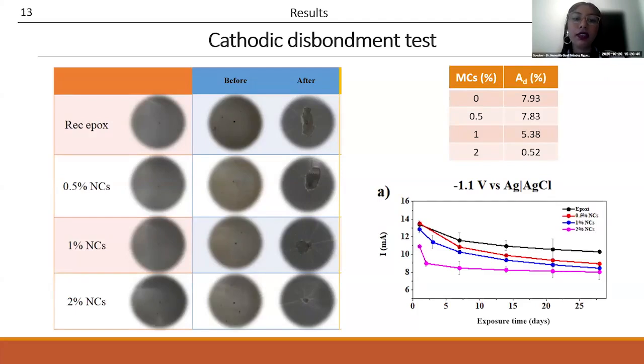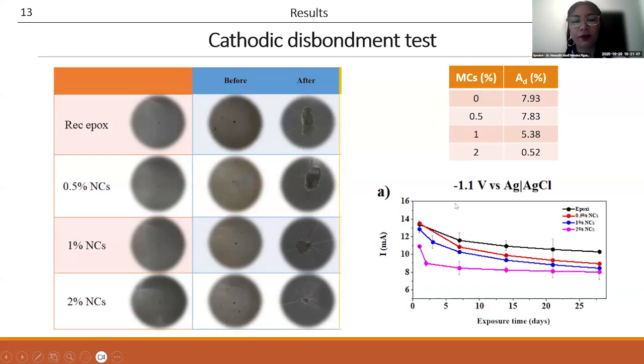Okay. Then the microcontainers were added at several concentrations of 0.5, 1, and 2%. The cathodic disbondment results showed a clear trend where the higher the concentration, the smaller the disbonded area.